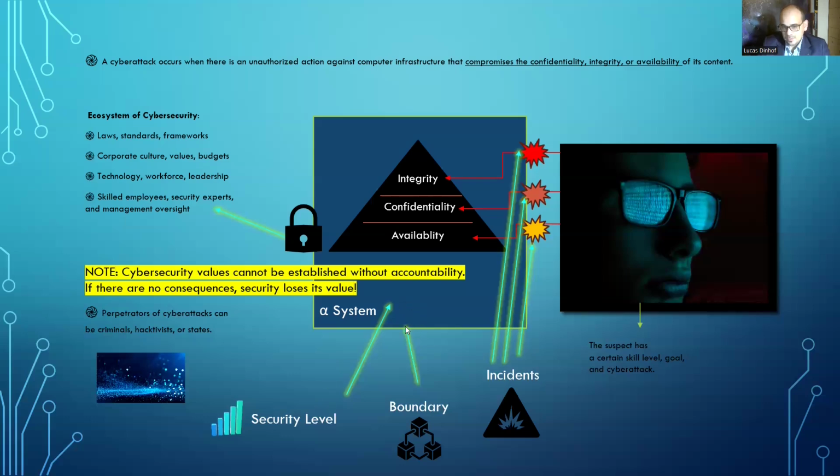And we also have a boundary of the scope of the system. We have incidents which are normally linked to a hacker. This perpetrator can be, but also other criminals, hacktivist groups or states. And the suspect normally has knowledge, a certain skill level, a goal, and the cyber attack.